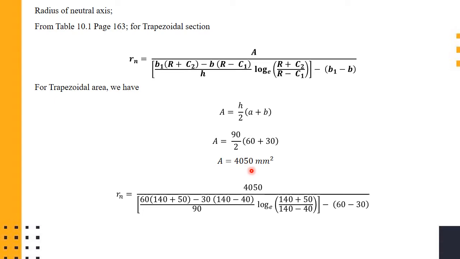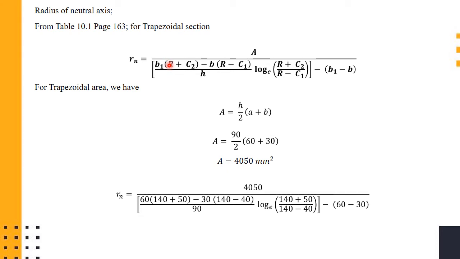Now you can substitute all the other terms. Area has been substituted, h has been substituted, b is 30, b1 is 60, c2 is substituted, c1 is substituted, and you can see R. Capital R, which is given here, is nothing but the radius of the centroidal axis.